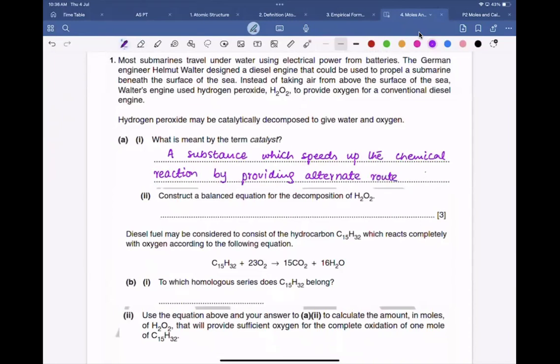Either you can write that of a lower activation energy, or by providing an alternate route of lower activation energy. Both are correct.